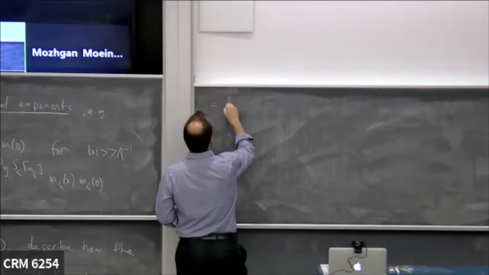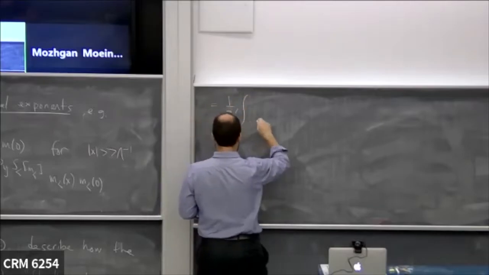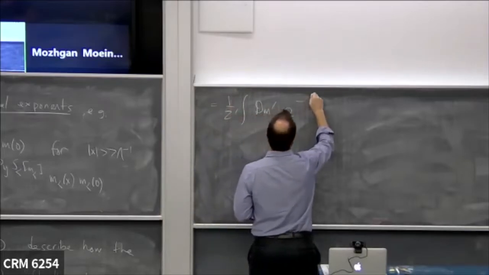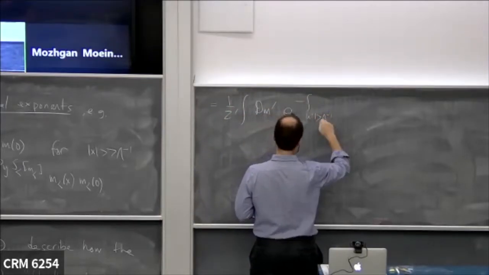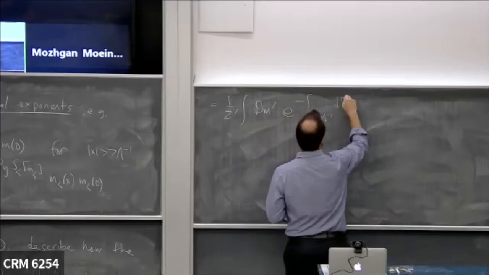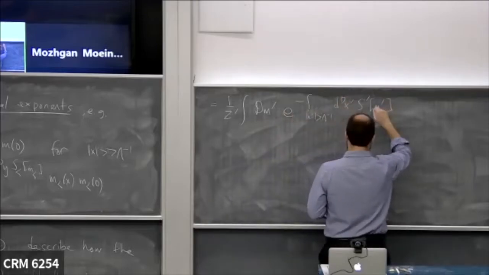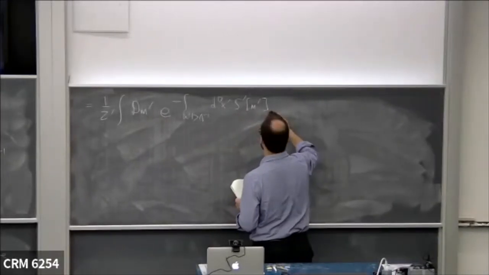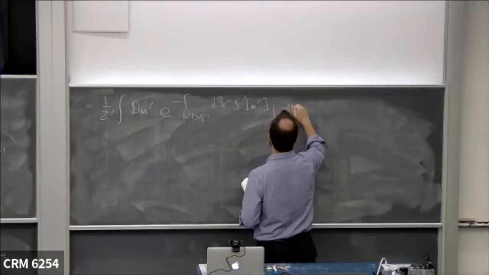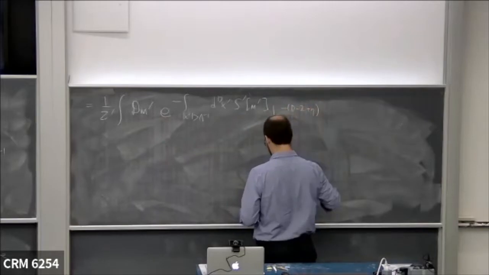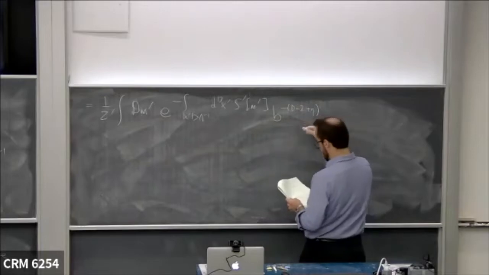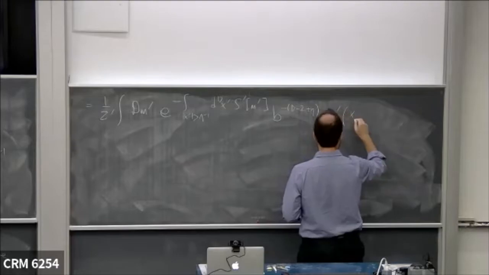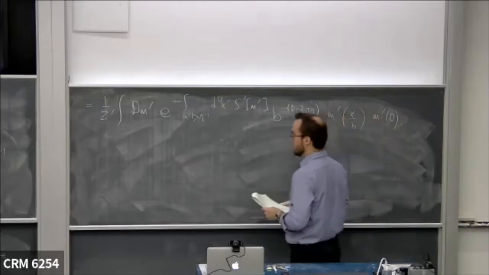I get 1 over Z prime, integral over dm prime e to the minus S prime of m prime, the effective action with the original cutoff. But now I have this insertion, this factor from the definition of the renormalized field: b to the minus (d minus 2 plus eta) over 2, but there are 2 fields, so there's no 1/2 here, and then m prime of x prime times m prime of 0.